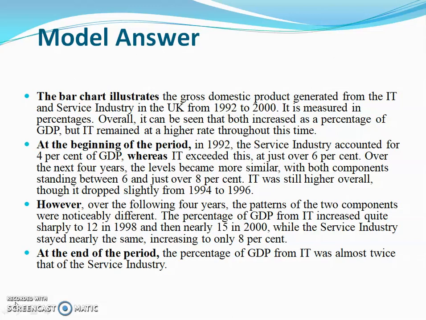At the beginning of the period in 1992, the service industry accounted for 4% of GDP, whereas IT exceeded this at just over 6%. Over the next 4 years, the levels become more similar, with both components standing between 6 and just over 8%.